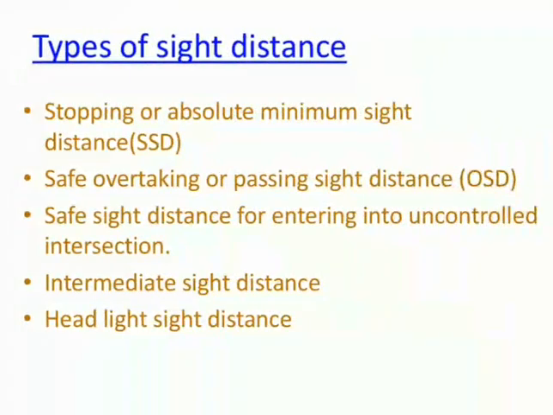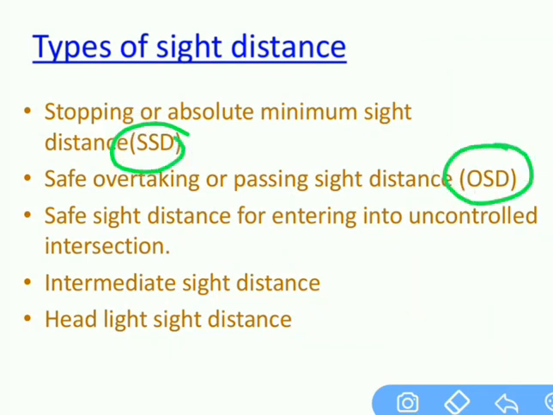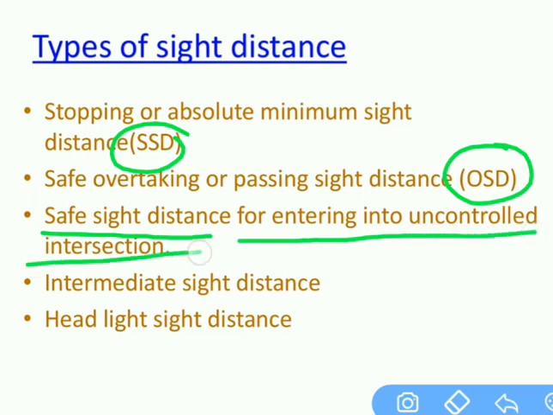Next, types of sight distance. What are the different types of sight distance we have? We have 5 types of sight distances. One is SSD, that is stopping sight distance. Another one is OSD, that is overtaking sight distance. Another one is safe sight distance for entering into an uncontrolled intersection.